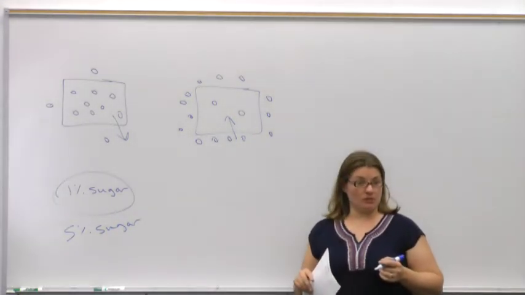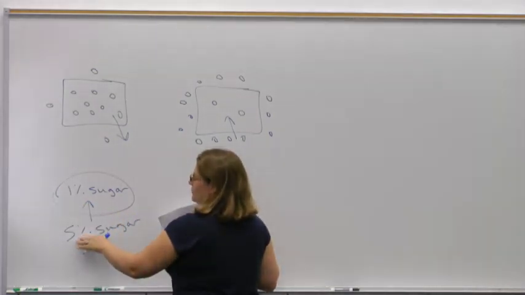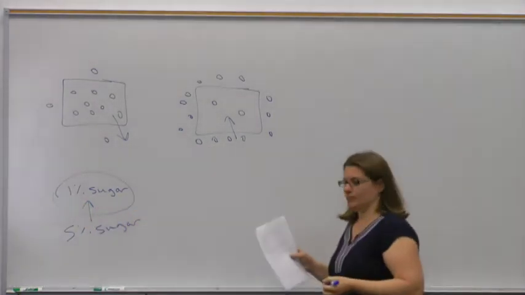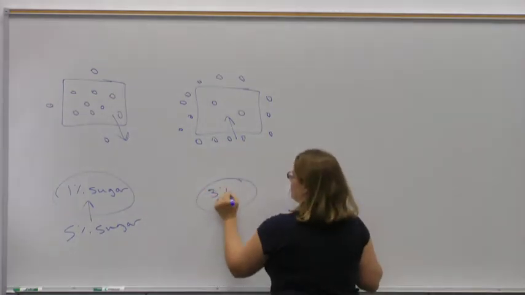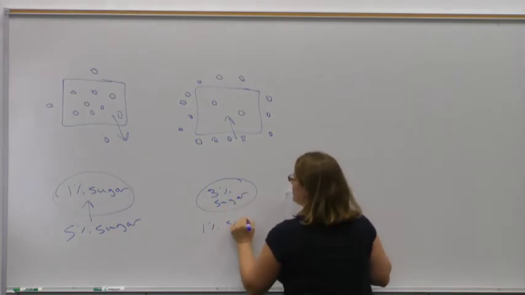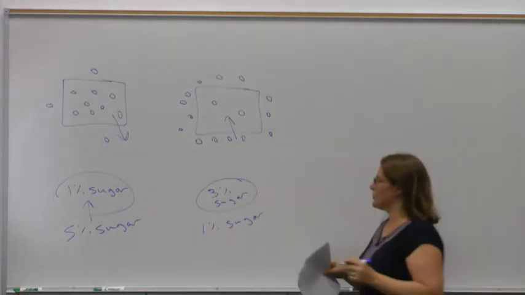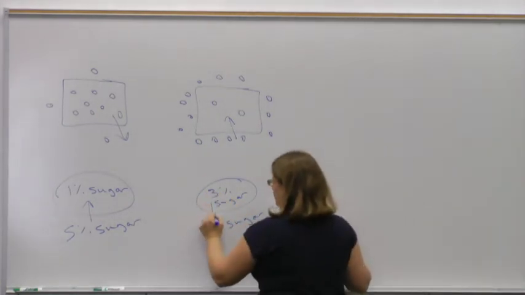Into the cell or out of the cell? Into the cell, from an area of high concentration to low. Then in this other example, 3% sugar in the cell, 1% sugar outside the cell. Which way is the sugar going to go? Out of the cell, from high to low.